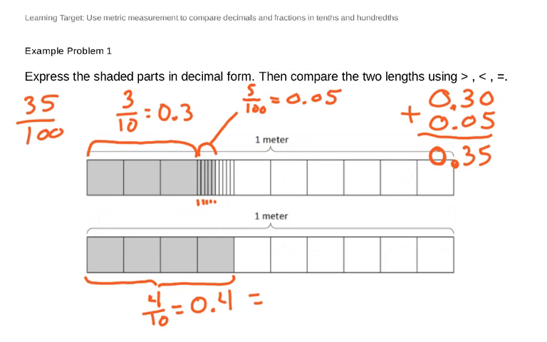So those are equal to 40 hundredths. And which one's greater than or less than? Well, you can look at the visual, or you can write 40 hundredths is greater than 35 hundredths.